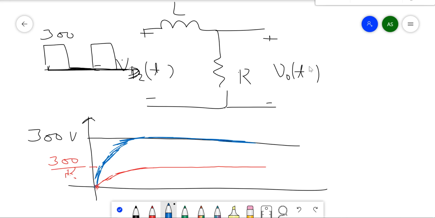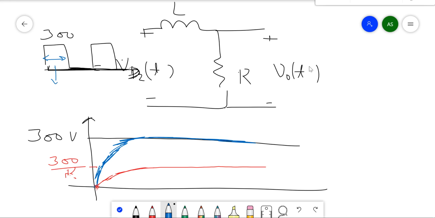Okay. So this is the response of the circuit. This is how the circuit will behave. So for this duration, you know how the response of the circuit is.